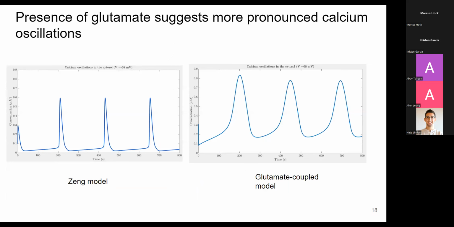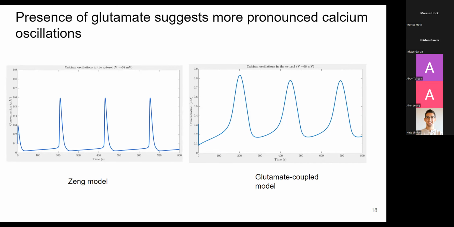And so the main result in my model is that we see this. Now that we have the presence of glutamate, which is essentially the only difference between the coupling of my model and the previous models, you see more pronounced calcium oscillations, which is what you would probably expect to see, since the Zeng model doesn't have the presence of glutamate, and we know that glutamate in some way modulates calcium activity.